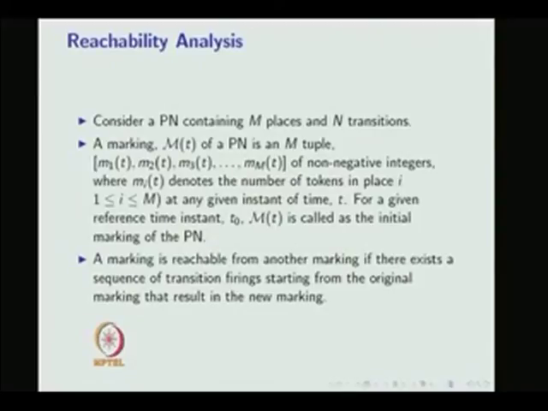We have m places, therefore, if you make an m tuple of the number of tokens in each place at any given instant of time, then that is called a marking.